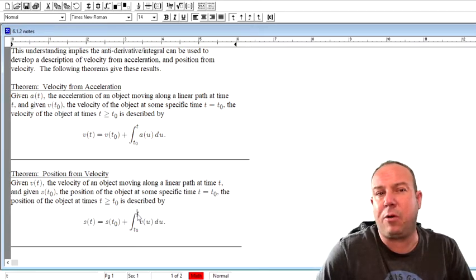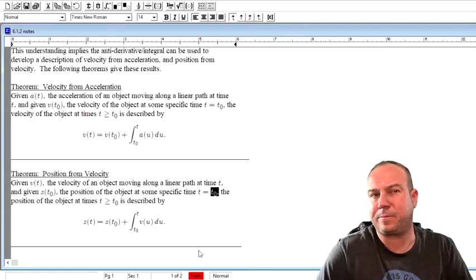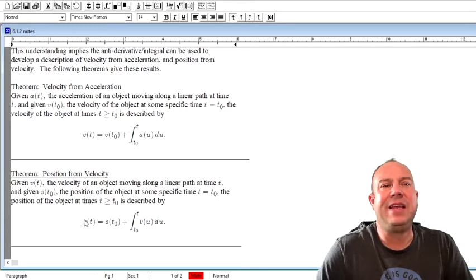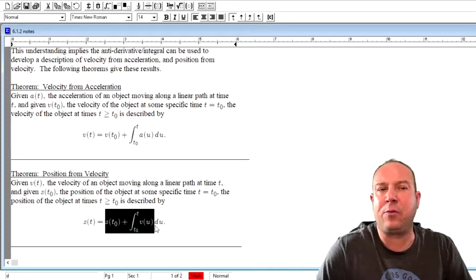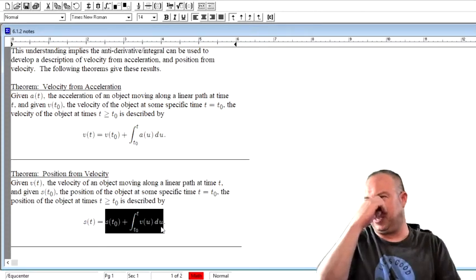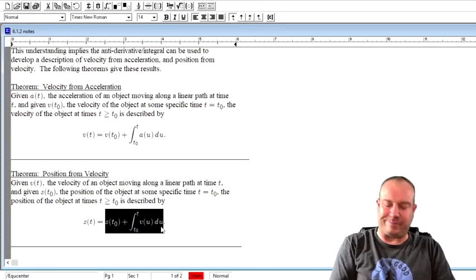It's going to play the role of the upper bound in this integration calculation, and t null the lower bound. All right. s of t can then be found with this calculation seen here on the right-hand side.